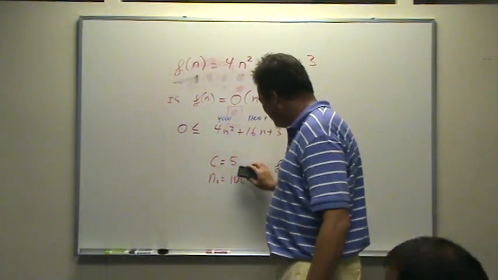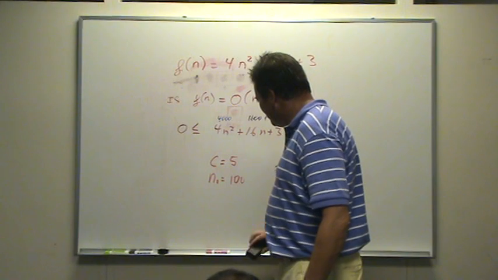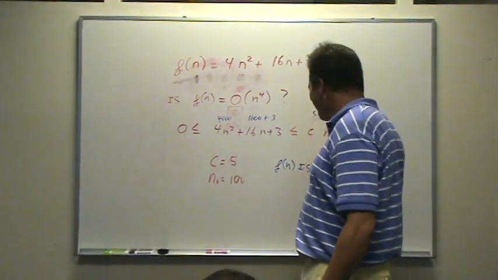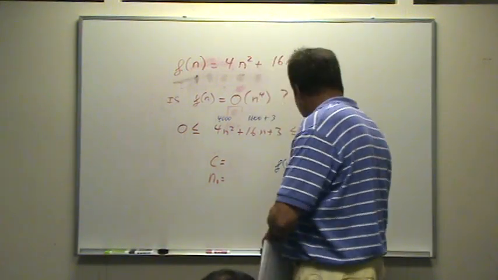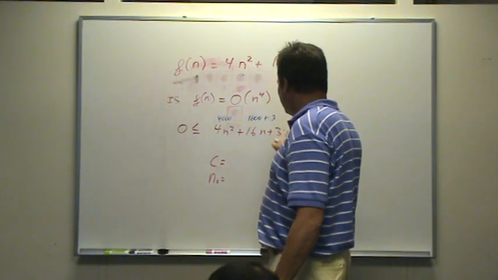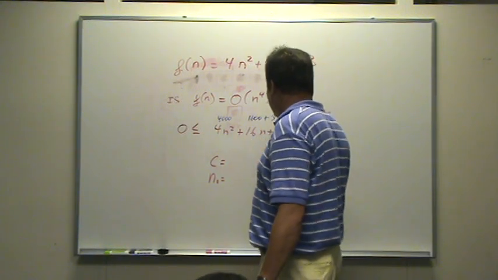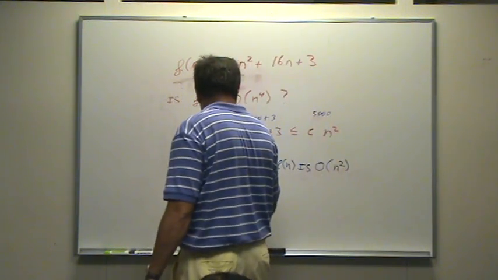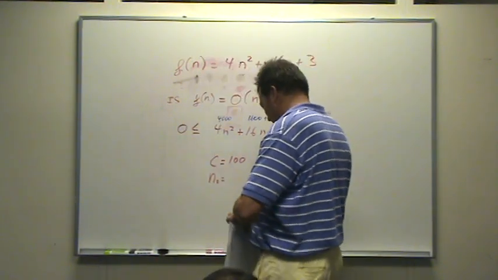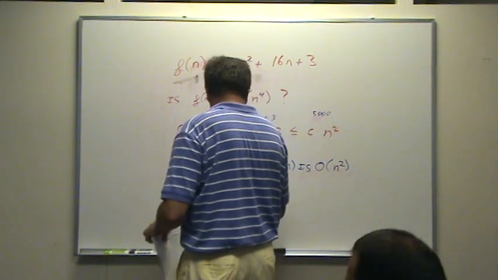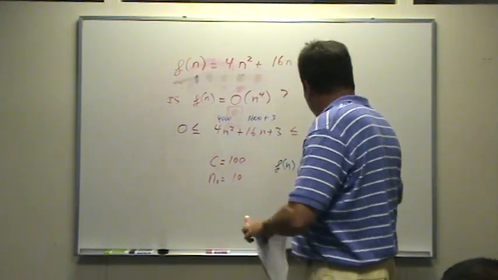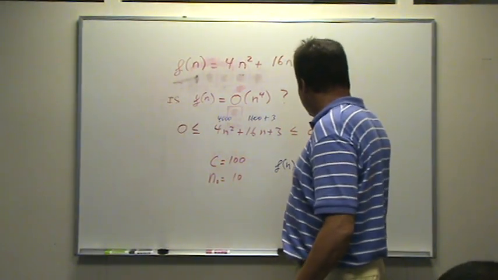should we keep trying this? Could make this one higher. That'll make life easier for us, right? So let's see. I'll make this one 10 times as much. Suppose we made this 100, and n is 10. Now I'm just doing trial and error, but this would be 100 times 1,000.